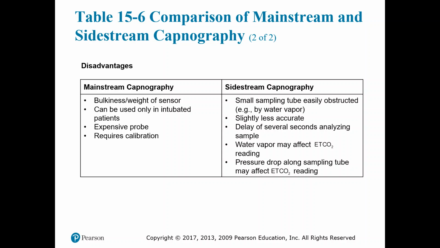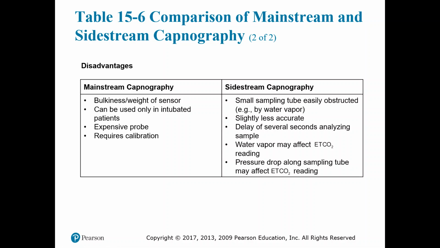Generally, when you hook these up, you hear the pump, the sampling pump that's pulling that sample of gas from the mainstream and down into the sensor. Water vapor can affect the sensor in the monitor if it gets that far.